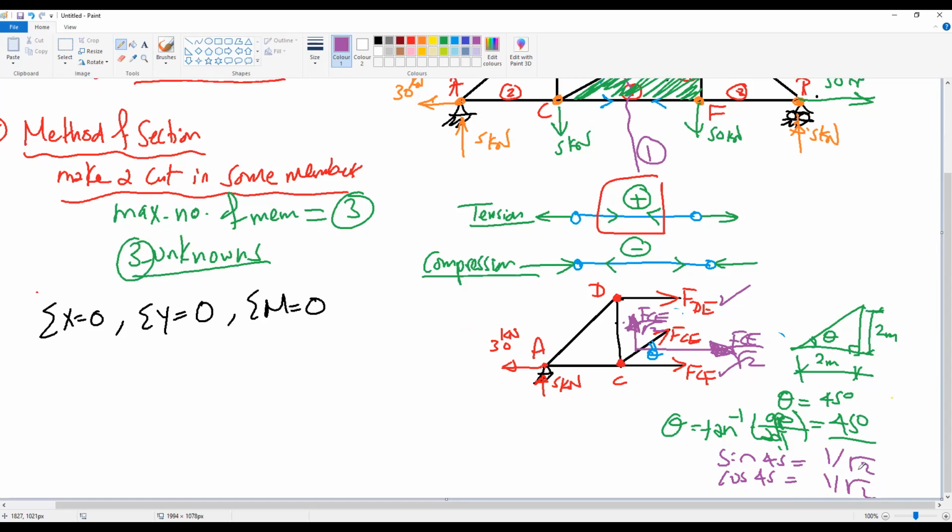How can we start? And don't forget, we have here at C, 5 kilonewton at C. How can we start? Which one of the equilibrium equations can be used here?